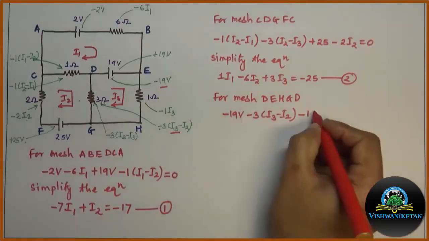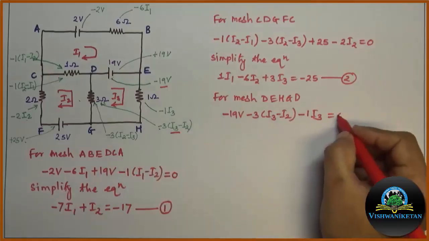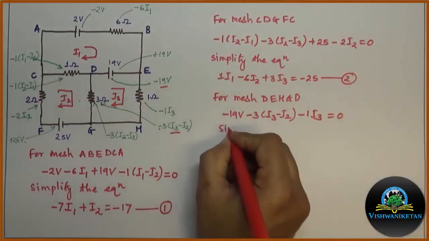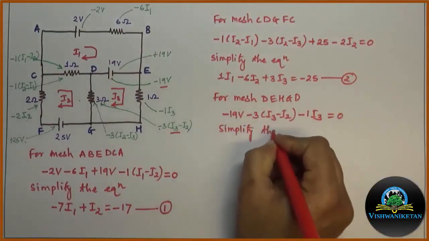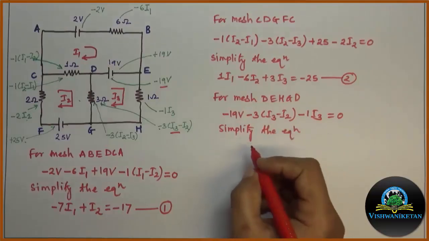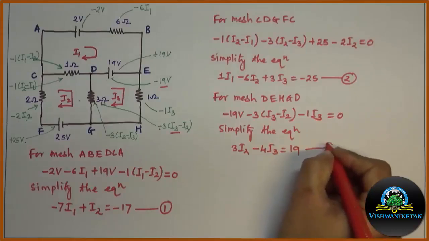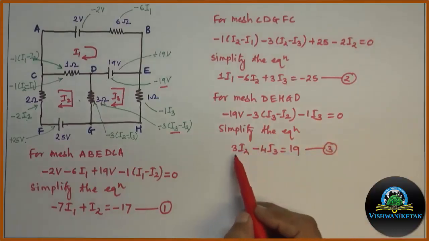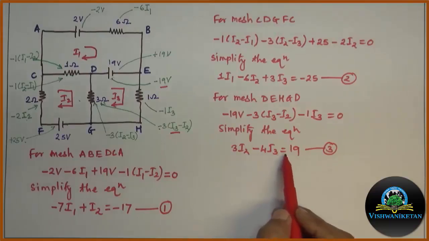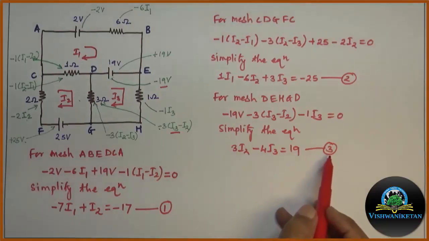Then we have minus 1 I3 is equal to 0. After simplifying we get the equation plus 3 I2 minus 4 I3 is equal to 19, equation number 3.